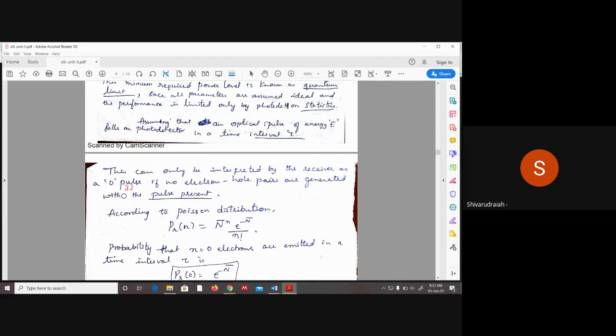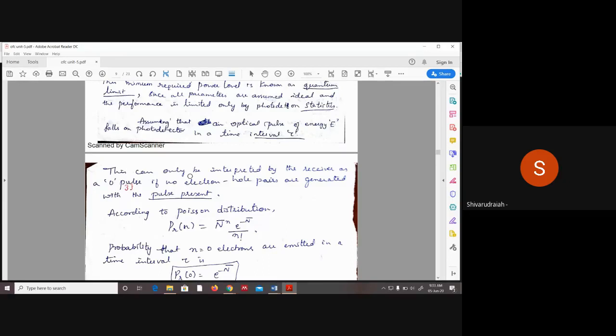Assuming that an optical pulse of energy E falls on a photodetector at a time interval tau, the receiver will interpret that a zero pulse is detected if no electron hole pairs are generated when the pulse is present.